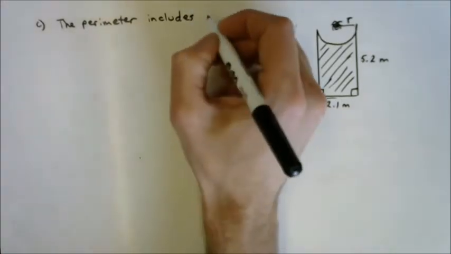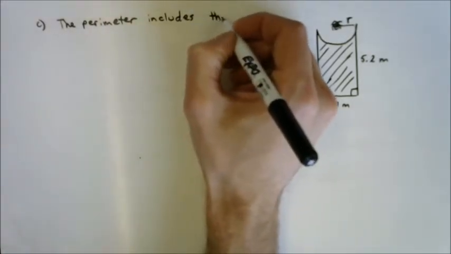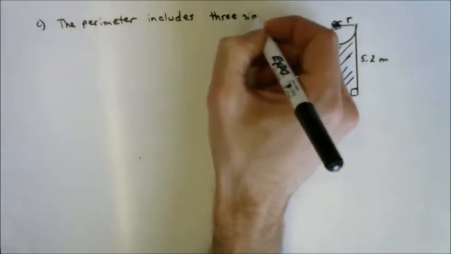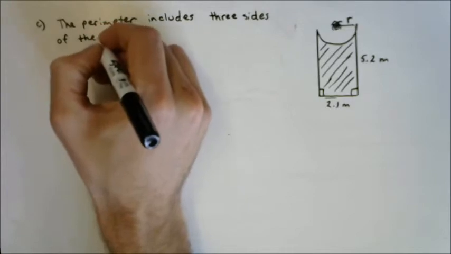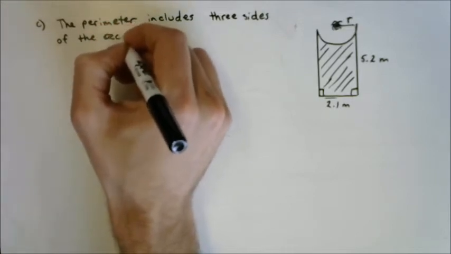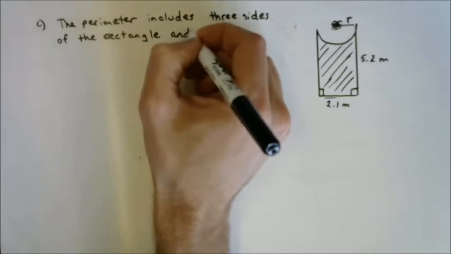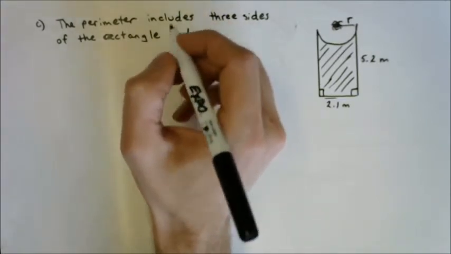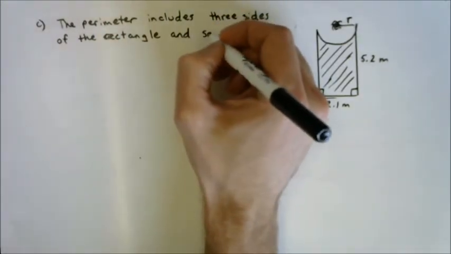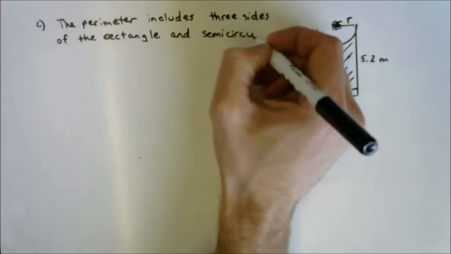The perimeter includes 3 sides of the rectangle, and what else? One semicircle. And a semicircular arc.